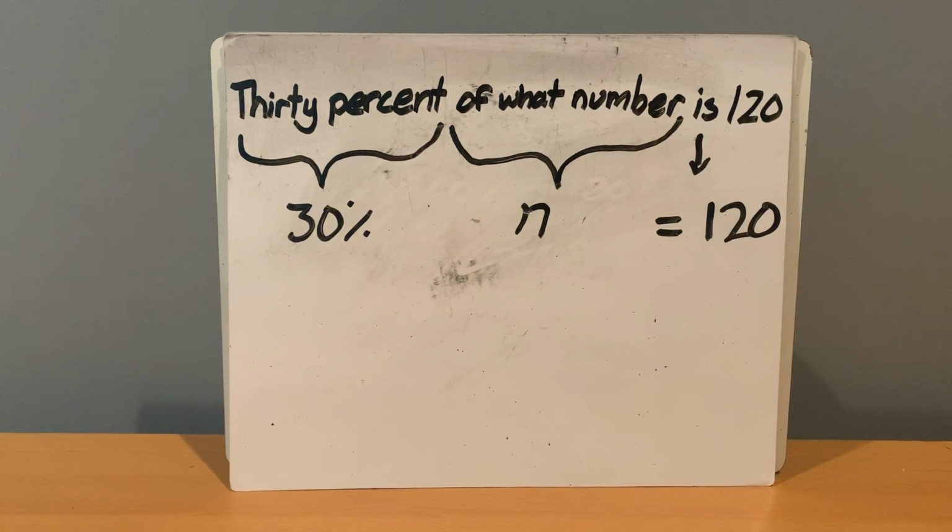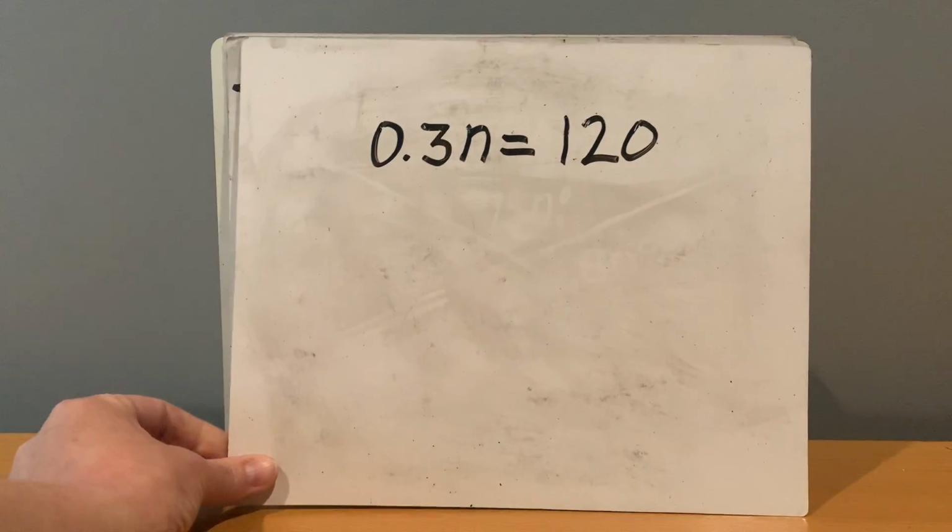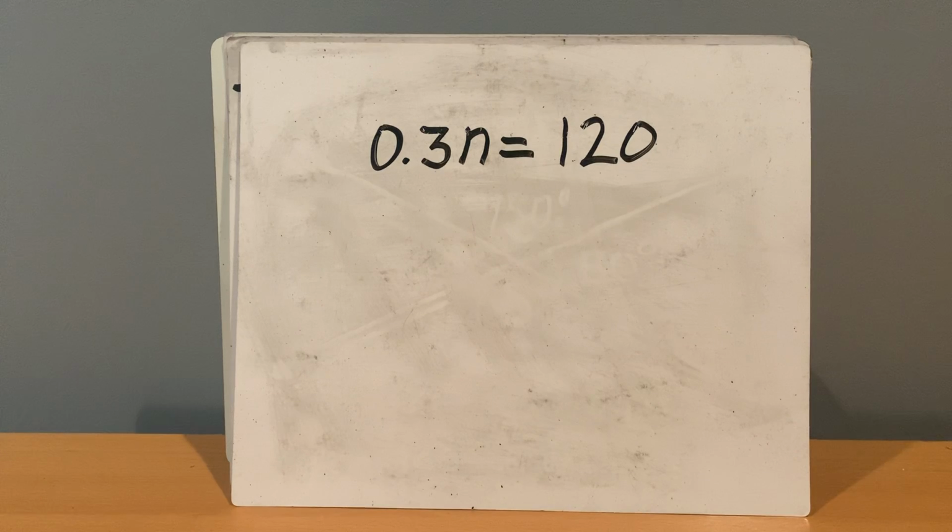When it says is, we'll use an equal sign. So we then can write our equation. We're going to solve this one using a decimal. So 30% is going to become 0.3N equals 120.